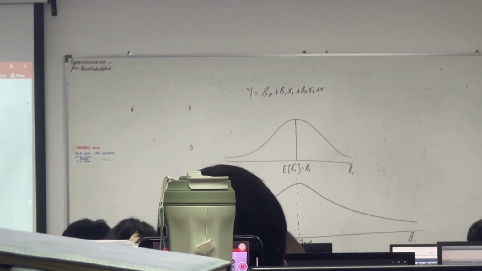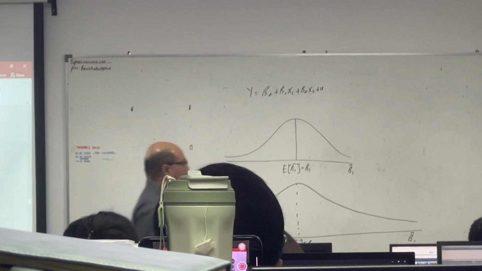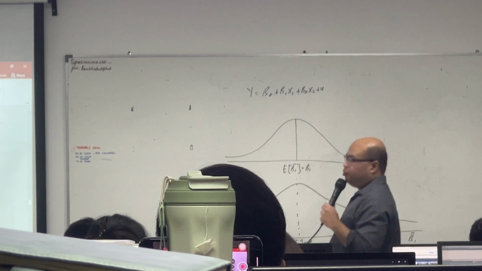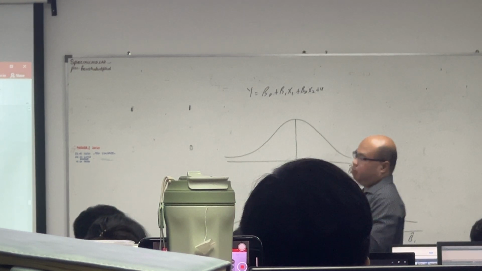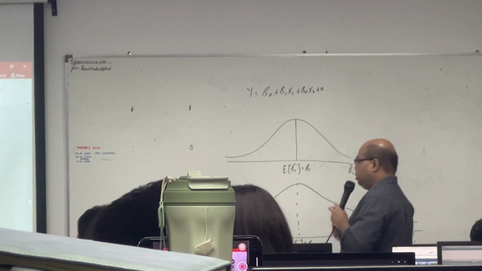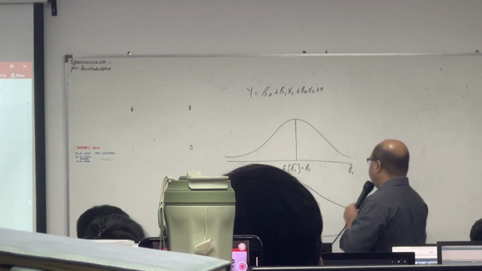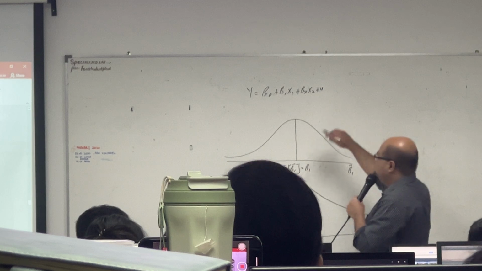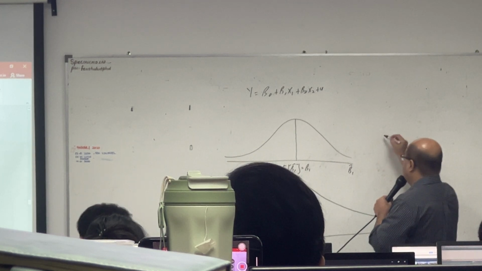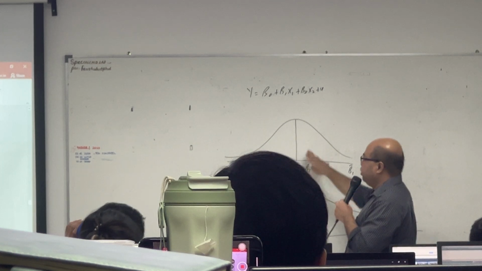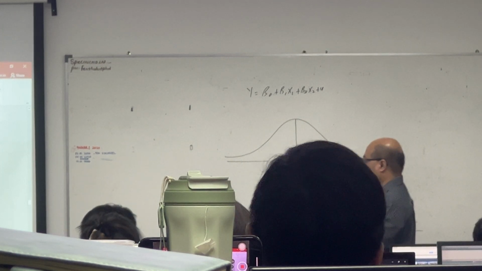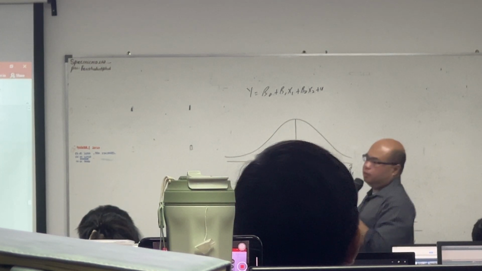Because if both are important variables to explain y, and you drop any of them from the model, your estimate is no longer unbiased. It becomes biased, meaning that the average of your estimate is no longer equal to the true value.